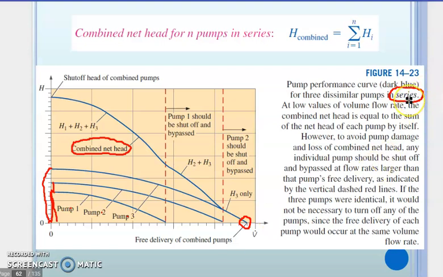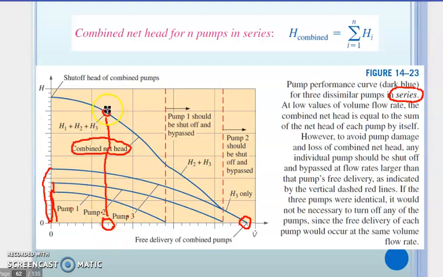Next we discuss how we are going to operate these pumps. Let's say your V dot, your demand, is here. The combined net head is actually this, when your Q operates here.